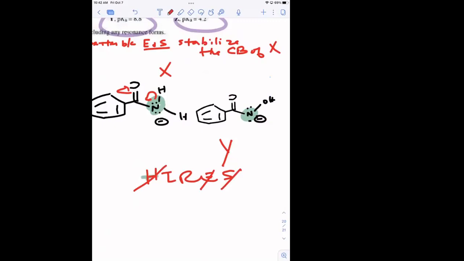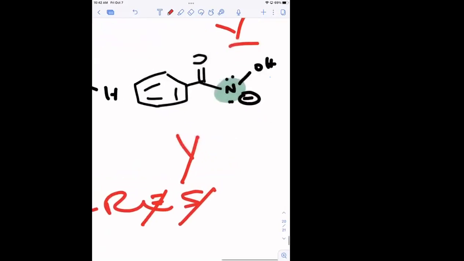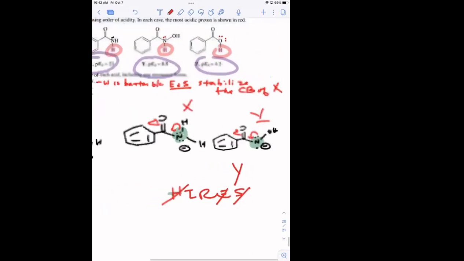So there's no advantage. Now we can look at induction and resonance. Can I do resonance on Y? Yeah, I can take this pair of electrons and do that. So they both can do resonance. So what's the difference?